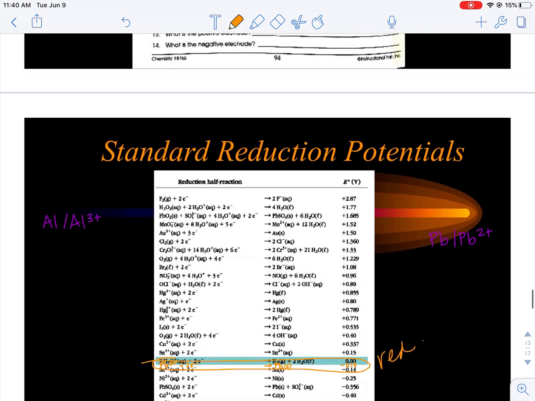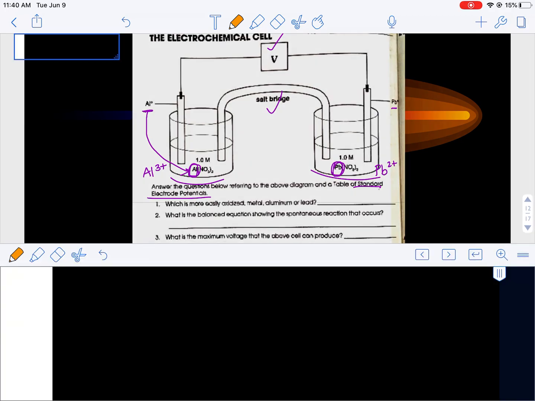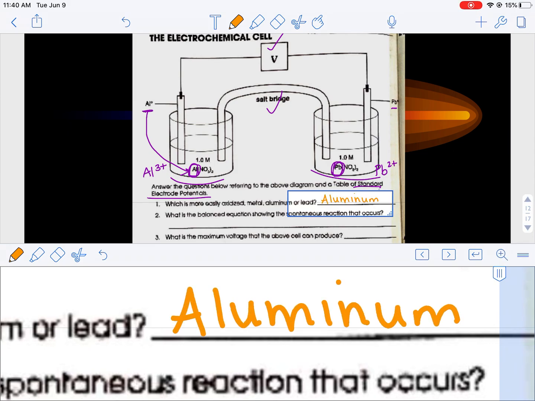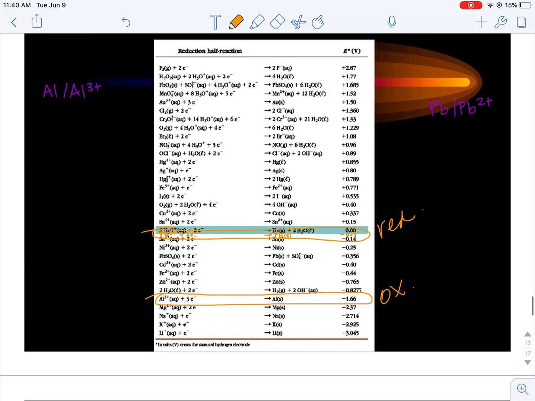All right, so now I know which is more readily reduced and what's more readily oxidized. I can answer the question, which is more easily oxidized, the aluminum or the lead? It's the aluminum because it's closer to the bottom. So what's the balanced equation showing the spontaneous reaction that occurs? Well, I know that this is a reduction half reaction chart.